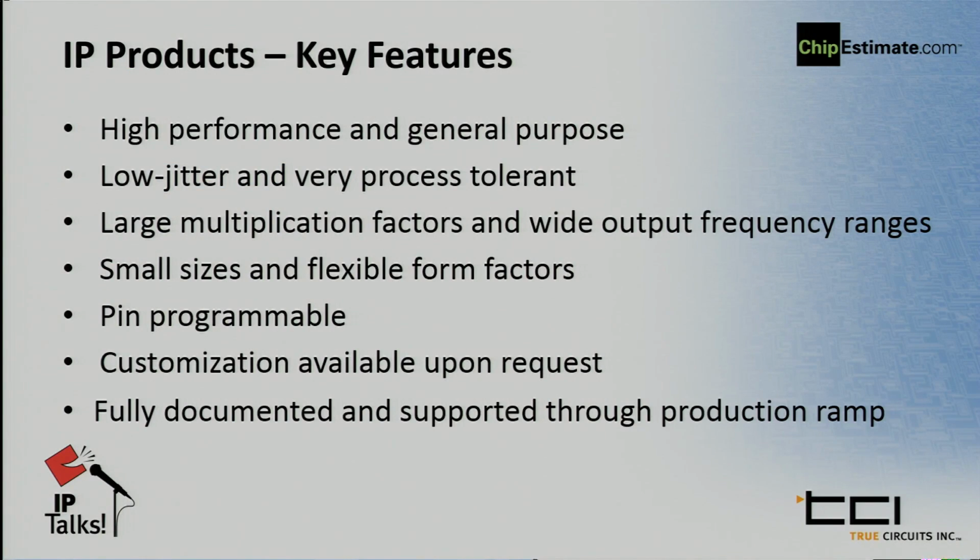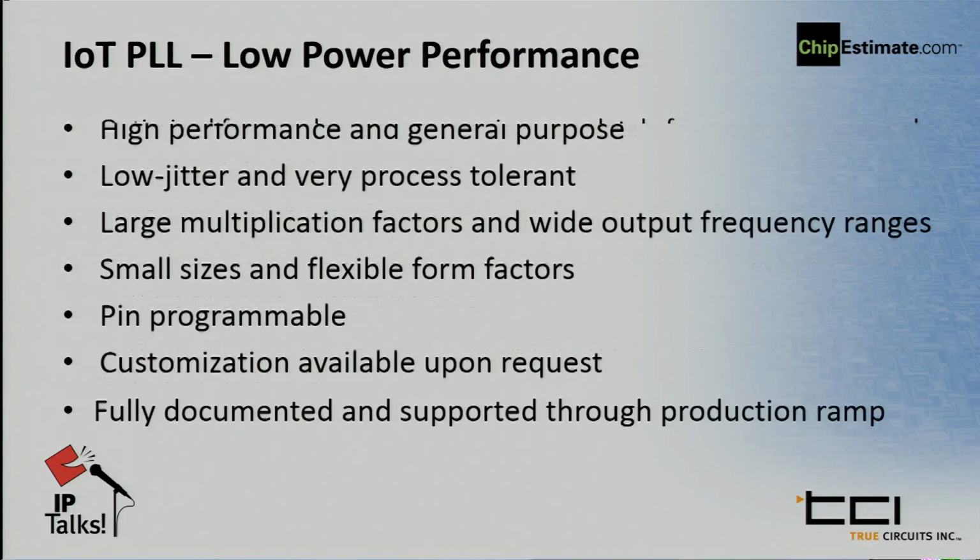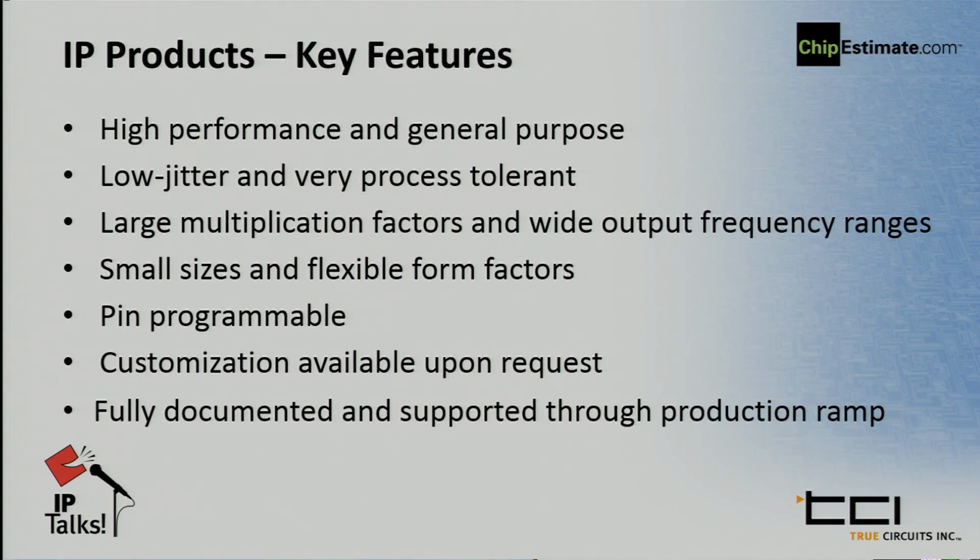So, in general, we build things that are high performance or general purpose. We have some products that are very low jitter, and also the architecture we use is very tolerant, roughly, of process. So besides meeting spec, it tends to be robust.